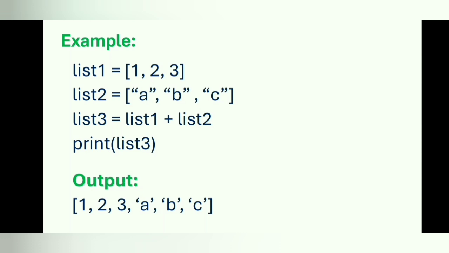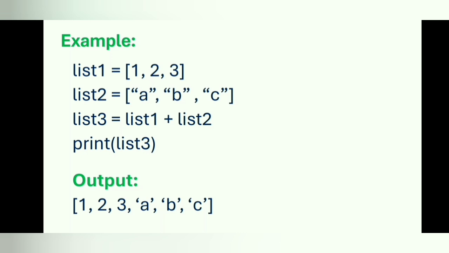After that, I use the plus operator to concatenate list1 with list2 and assign the result to list3. The plus operator created a brand new list with the elements from list1 and list2 and assigned that to list3.